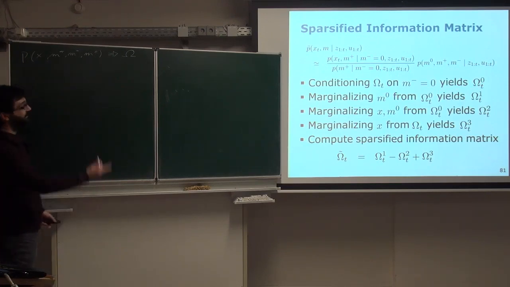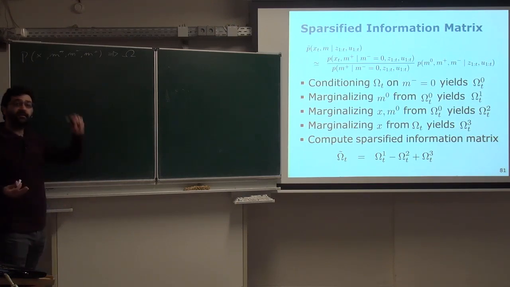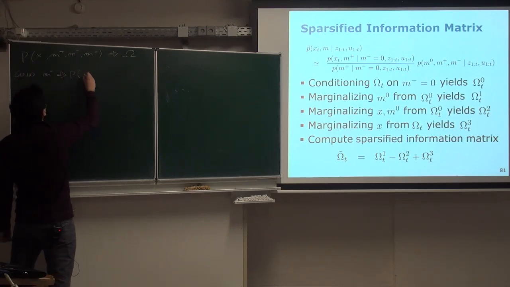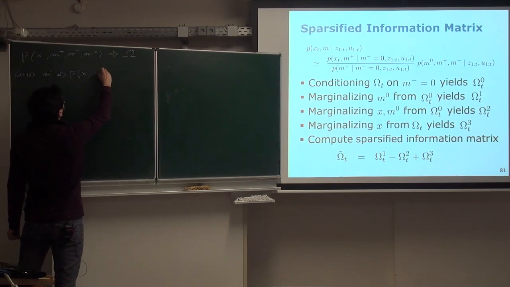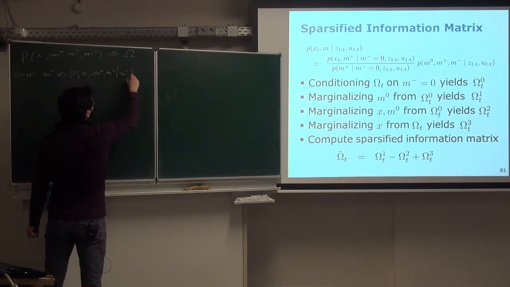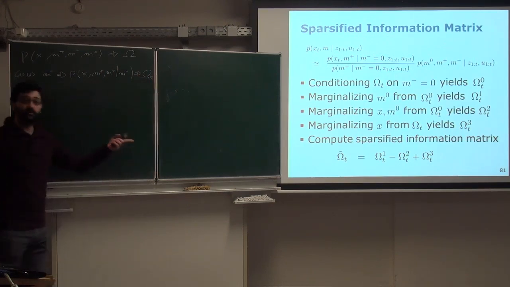Conditioning in canonical form means we just need to take the blocks of this matrix that belong to the variables that we are considering, okay? So let's say we do a conditioning on m minus. This gives us this distribution, P of x, m plus, m0, given m minus. And this is associated with omega 0. That's how we called it there.